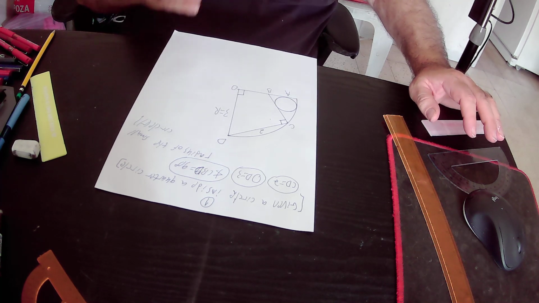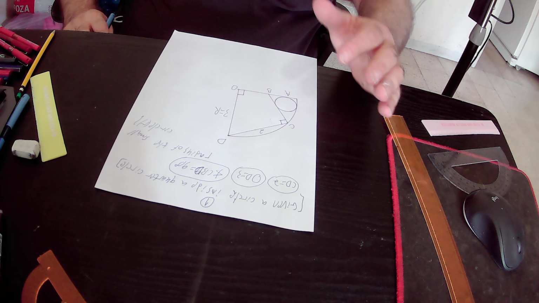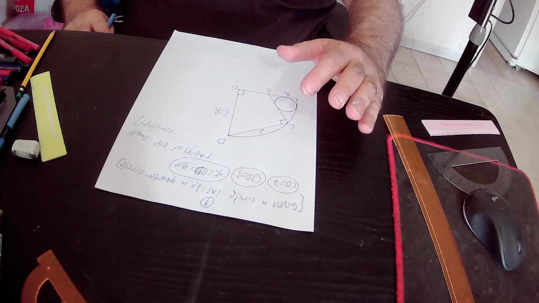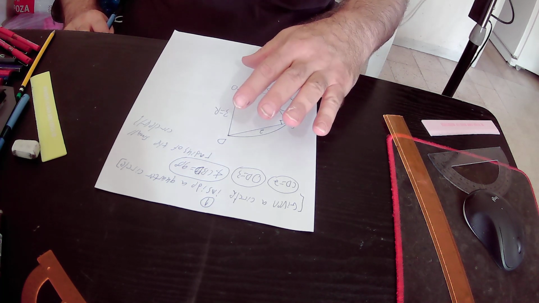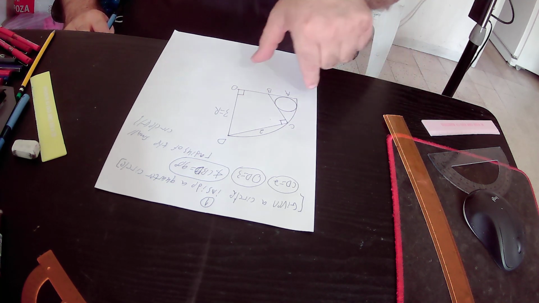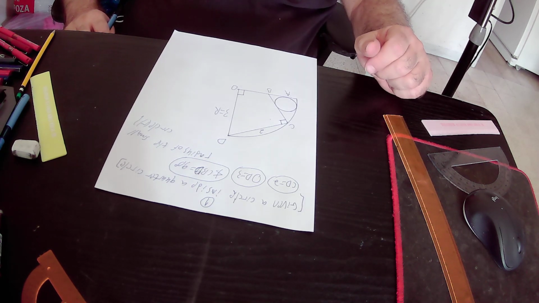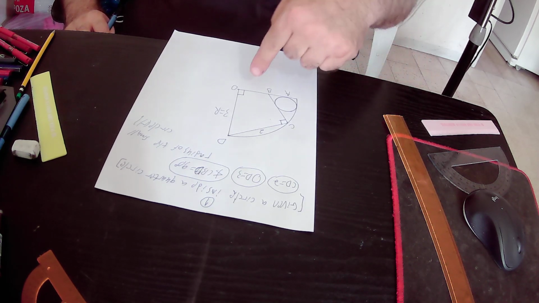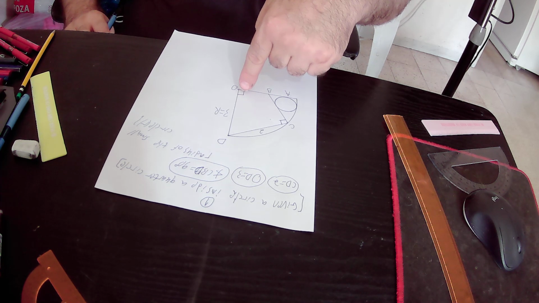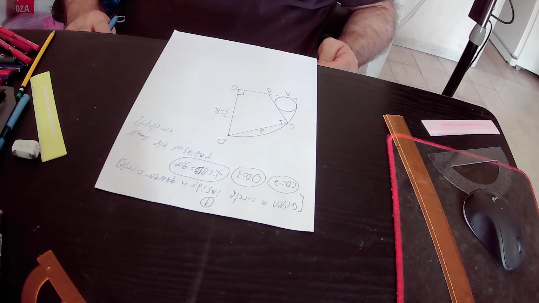Again, in a quarter circle, DO is the radius, and this line segment is also the radius of the quarter circle, and angle COB is equal to 90 degrees.